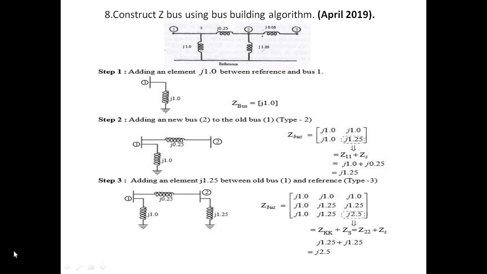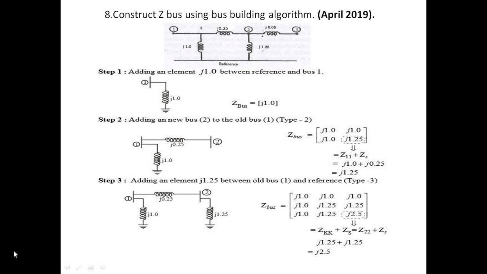Adding a new bus to the old bus, type 1. Then bus 1 is j1.0 and the reactance in addition is 1 to 2, j0.25. Then Z bus equal to j1.0, j1.0, j1.0 and j1.25.